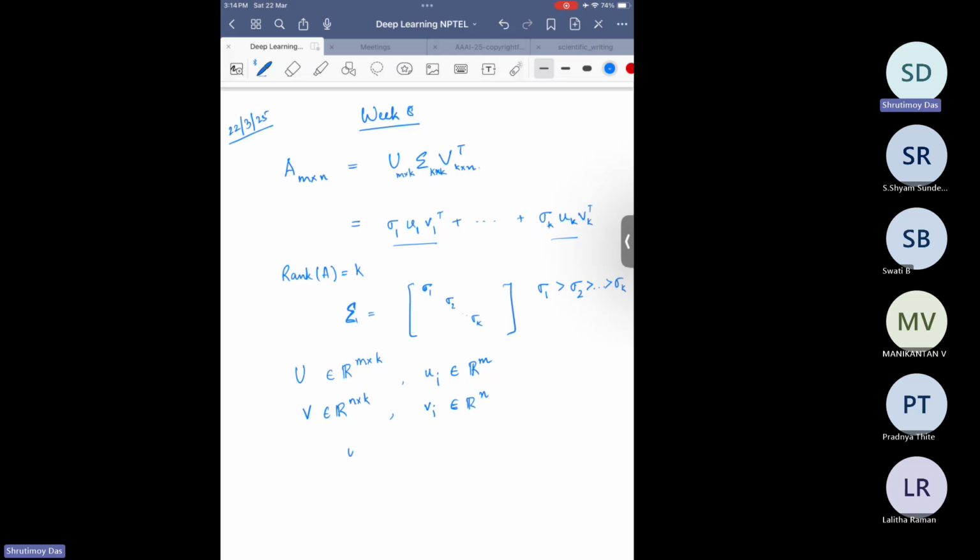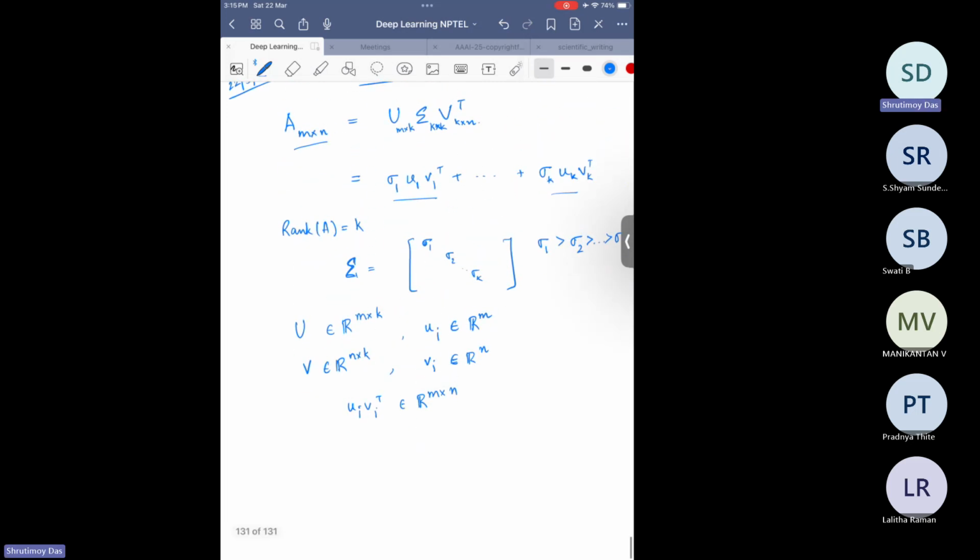So whenever you are doing ui times vi transpose, you will always get an m cross n matrix, which is of the same dimension as A. That means whenever you do this sum, whether you take one or two or all of them, you'll always get an m cross n dimensional matrix. So the size of the matrix does not change. The only thing that changes is how much information has been used to create it.